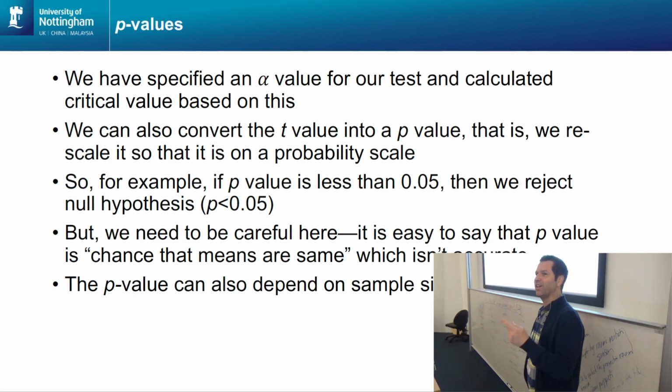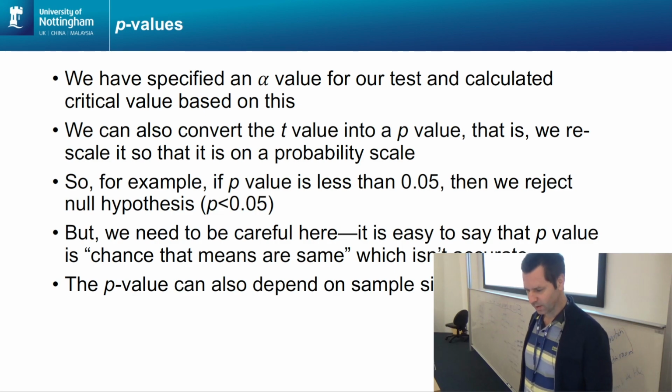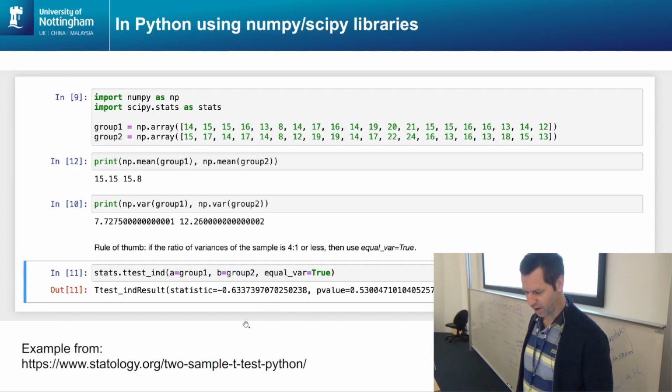I'm using the lingo of the statisticians there. We reject the null hypothesis if the p-value is less than 5%. So here, if I go back a slide, that p-value is greater than 5%, just in case you're interested.